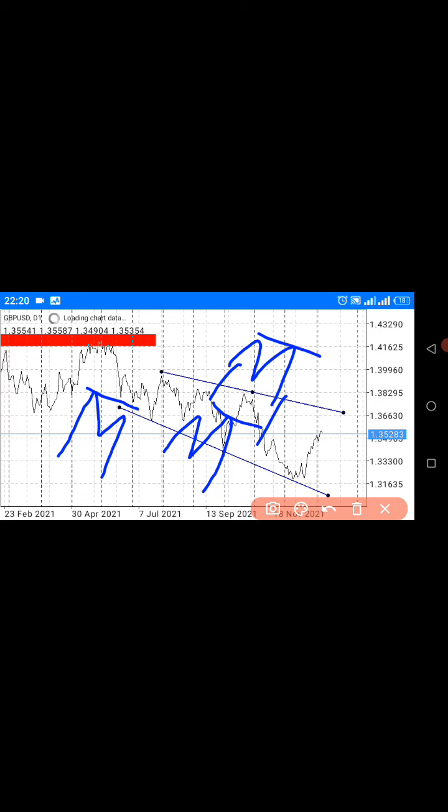All those are good, inasmuch as they are in support of the market structure and the market nature. They didn't move against the market structure. They are good to take as a reason to trade.